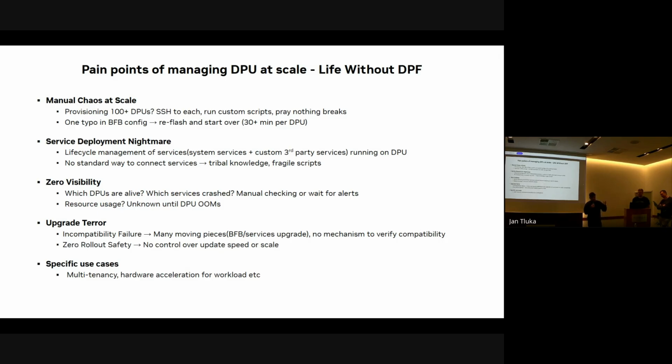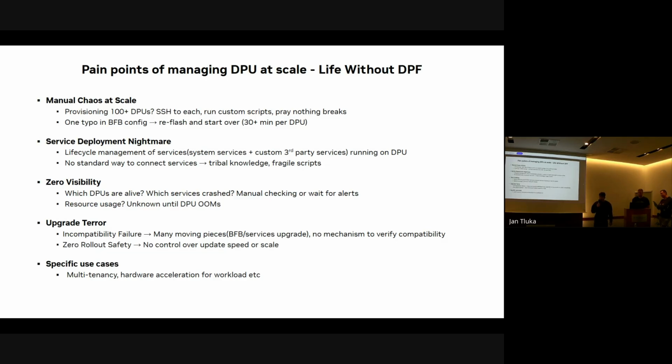Now you can do that for one DPU, but if you want to do it at scale, you would need custom scripts, Ansible, PSSH, or an external Redfish API server if you're trying to wrap around the Redfish API. But all of this is error prone. You make one mistake here and there, and you would end up reprovisioning or reflashing the entire DPU, which is quite a time-consuming task. It takes 30+ minutes per DPU.